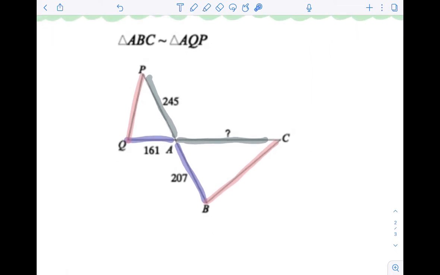So let's see what we have. Let's go with this triangle first, purple to purple. I can't go pink to pink because there's no information. So I'm going to go this purple to this purple.